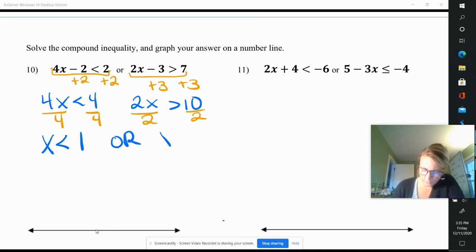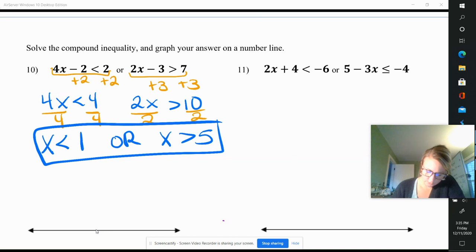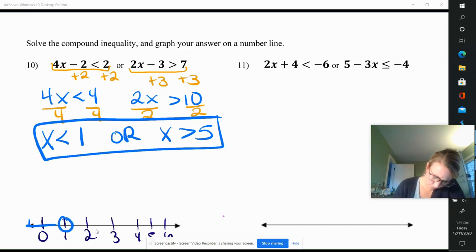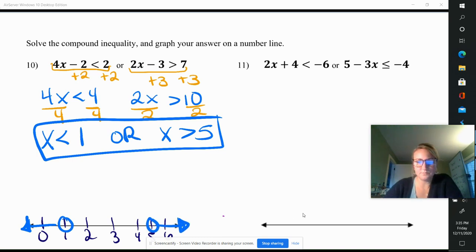Include the word or in your solution. So we get x is less than 1 or x is greater than 5. So x is less than 1 or x is greater than 5. Shaded in the tails.